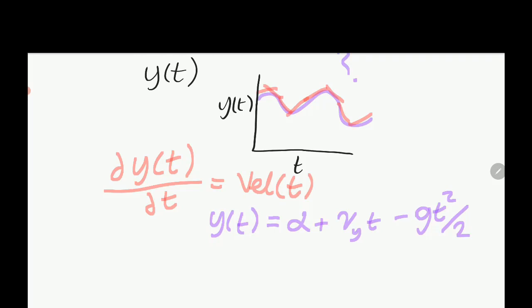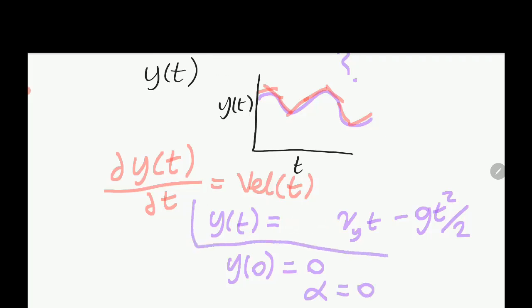And in fact, we can do a bit more reasoning. We can say, well, let's suppose that at time 0, the height is 0. So that must mean that this constant alpha equals 0. And so we can rub it out. And this is then our sort of final expression for the height of our projectile at a time t.